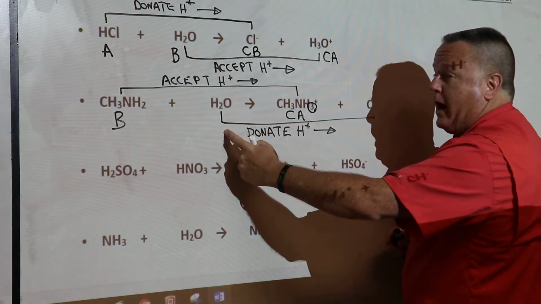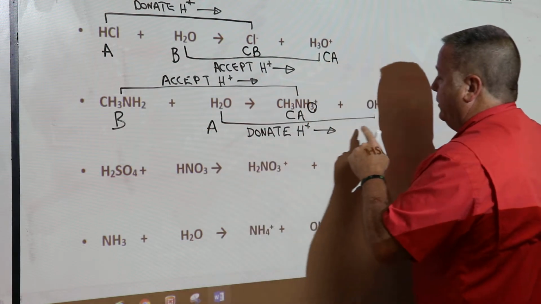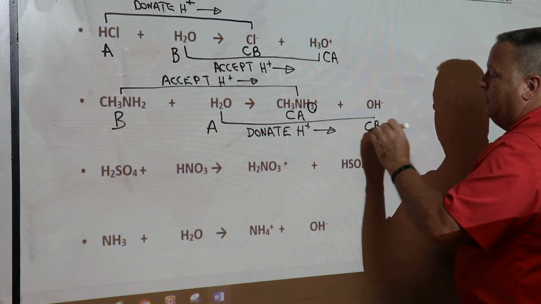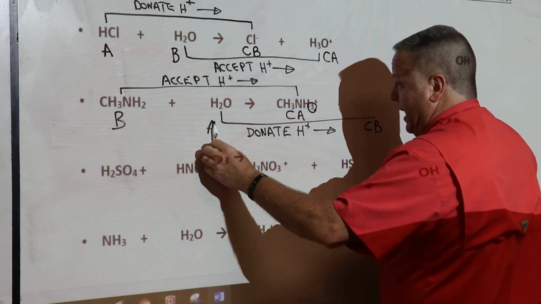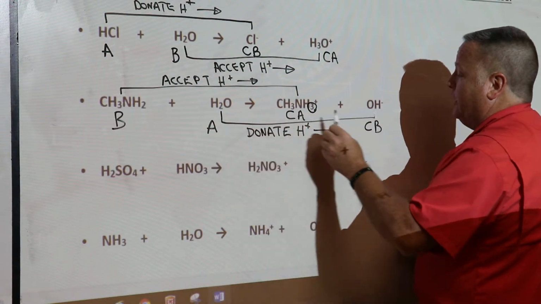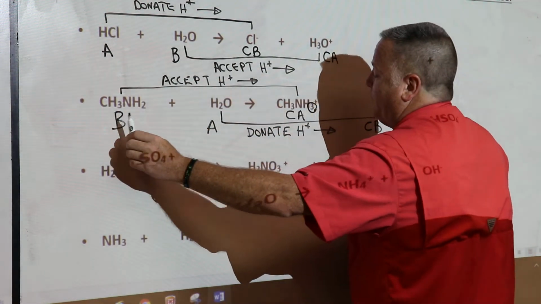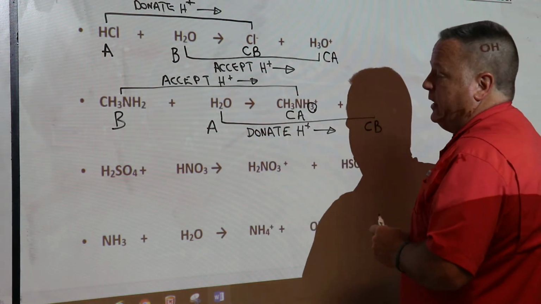Therefore, remember, if you're a hydrogen or a proton donor, you're going to be the acid. So then the only thing this could possibly be is the conjugate base. Okay? Remember, the acid, after it loses the hydrogen, becomes the conjugate base. The base, after it accepts a hydrogen, becomes the conjugate acid.